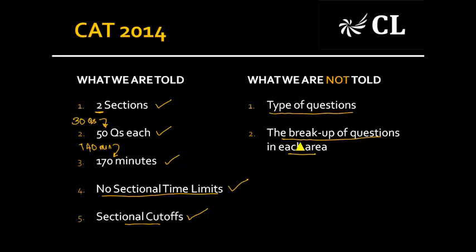What we know is the 2 sections. Section 1 would be QA and DI. Section 2 would be VA and logical reasoning. By the way, QA is quantitative ability, DI is data interpretation, VA is verbal ability, and LR is logical reasoning. So QA, DI is one section, and VA, LR is another section. But then we don't know how many questions of DI would come, or how many sets of DI would come.